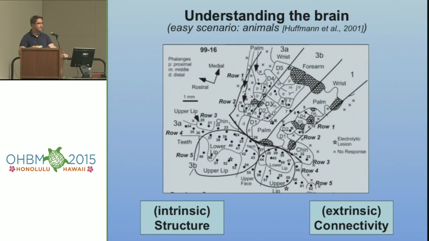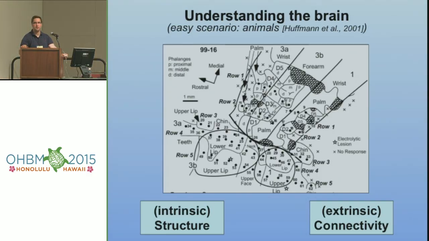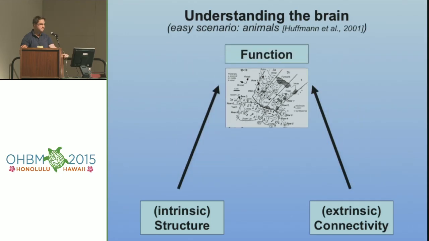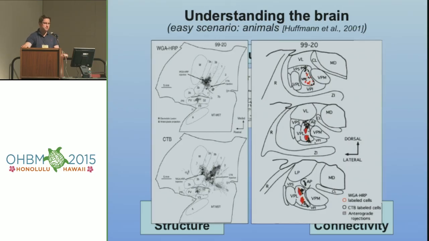Now, how to do that? There's a very easy scenario how you can integrate structure, function, and connectivity, and that's in non-human animals. Here you can use electrophysiological recordings to characterize the functional properties of a particular location in the brain. You can inject tracers at that very same position and get the anatomical connectivity patterns at the cellular resolution.